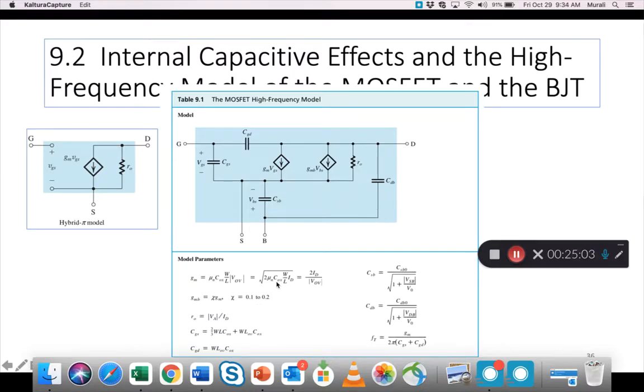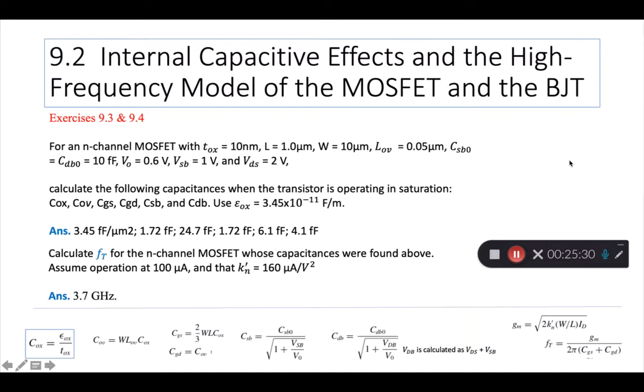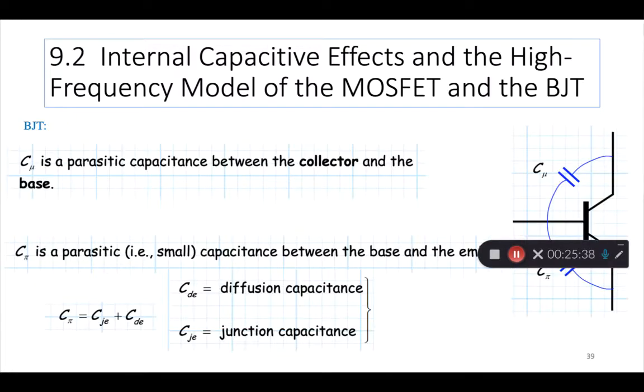And then the rest of it, RO, you know that. Now CGS, CGD, CSB, CDB, the 4 capacitances that we include in the model, they have their individual formulas, shown here. Ft, the unity gain frequency, also is shown here. So this table is pretty important as we get to looking at problems and so on. Speaking of problems, I have some, so we'll come back and look at these later. Okay, now let's look at the BJT part quickly.